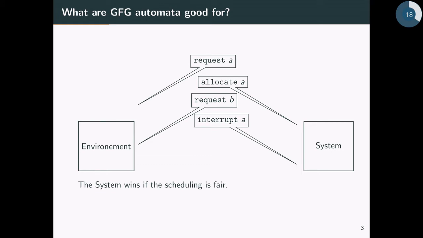For example, we could imagine that the environment is filing requests for resources with the system, and the job of the system is to allocate resources in a way that satisfies some fairness or liveness conditions as expressed by the specification. Then a winning strategy for the system gives us a controller that guarantees that whatever the environment does, the system will behave in a way that guarantees that the specification is satisfied.